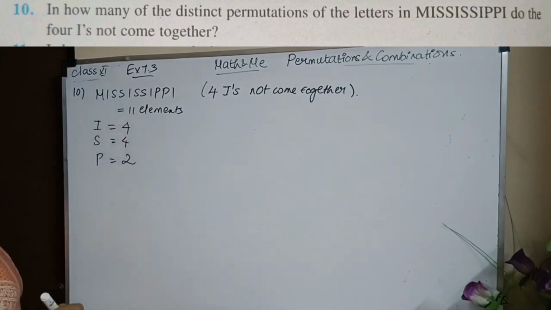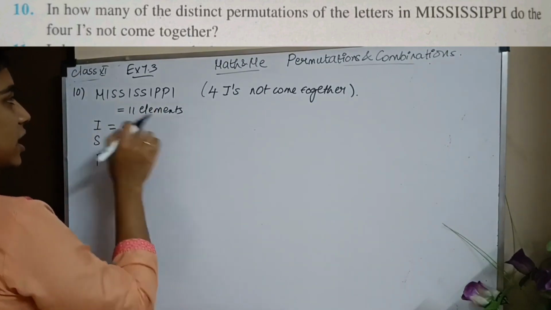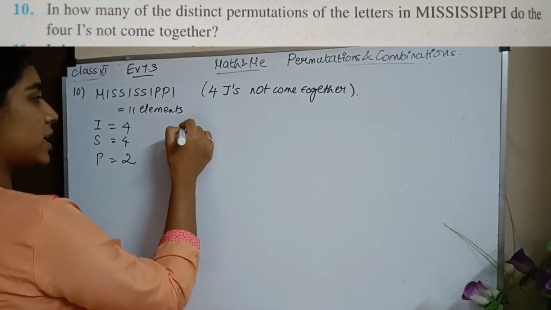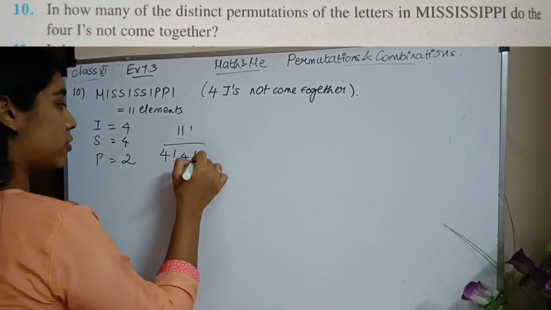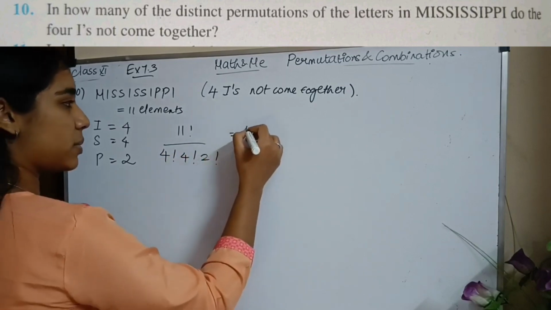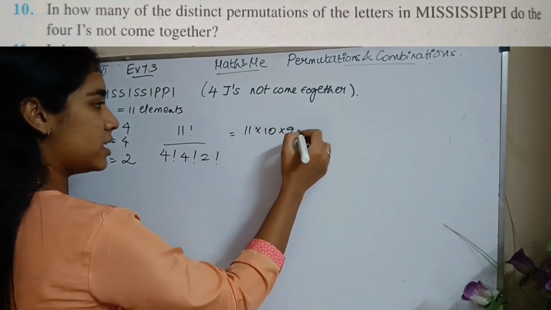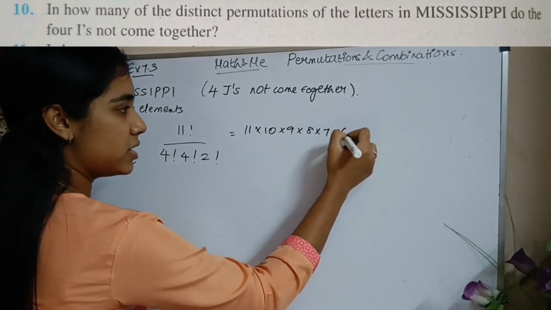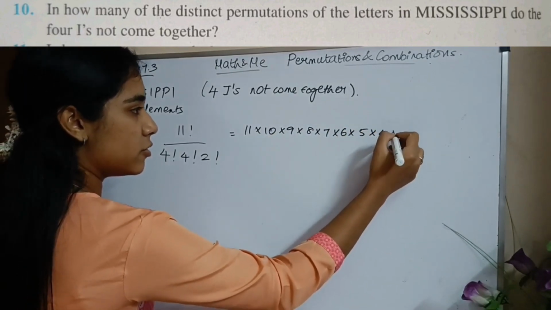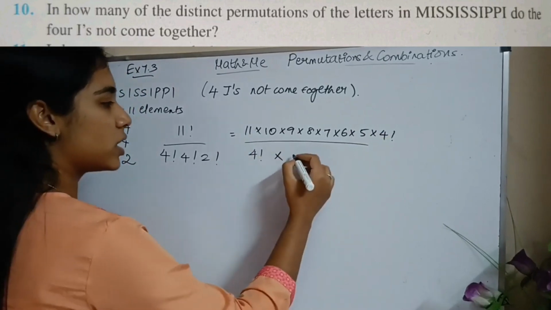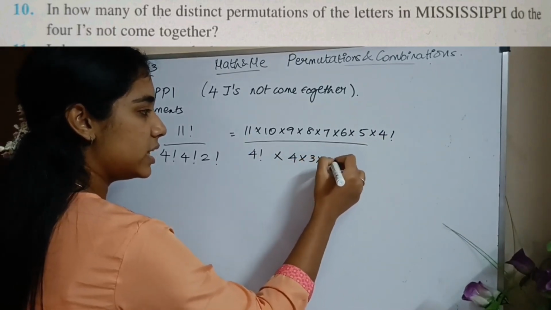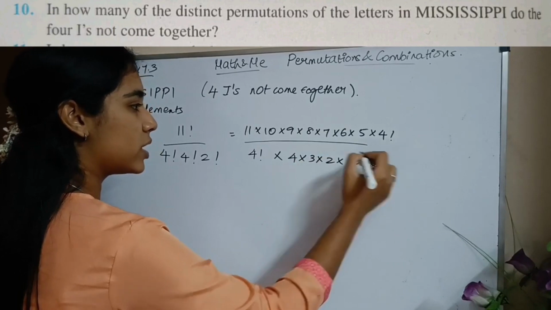So there are this many repetitions. What is my general way of representing them? The number of ways is 11 factorial divided by the repetitions: 4 factorial, 4 factorial, 2 factorial. So this will be 11, 10, 9, 8, 7, 6, 5, 4 factorial divided by 4 factorial times the other 4 factorial, which I expand as 4, 3, 2, 1, times 2 factorial, which is 2 into 1.